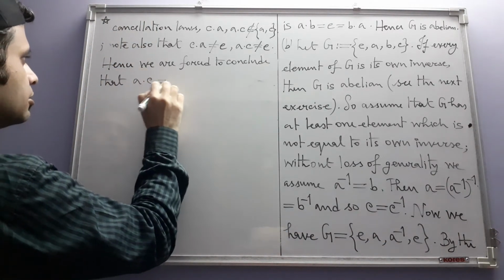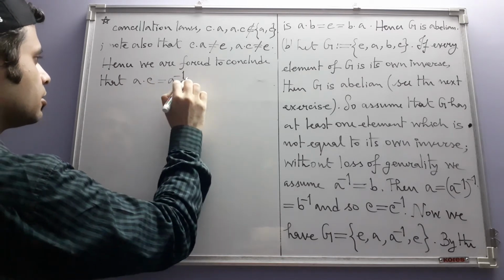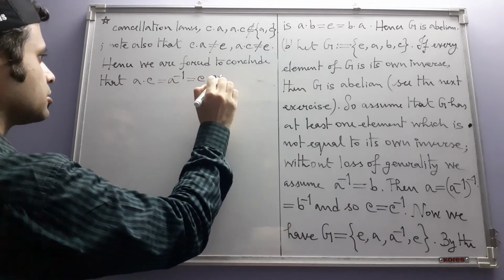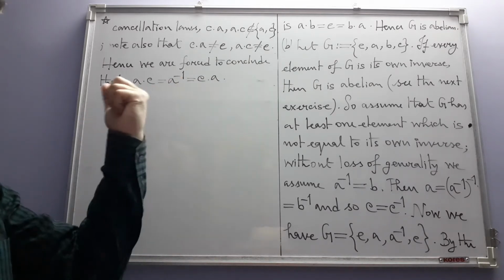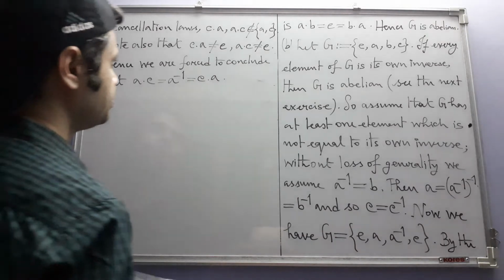A dot C is equal to A inverse is equal to C dot A, and that's how we have shown that they commute.